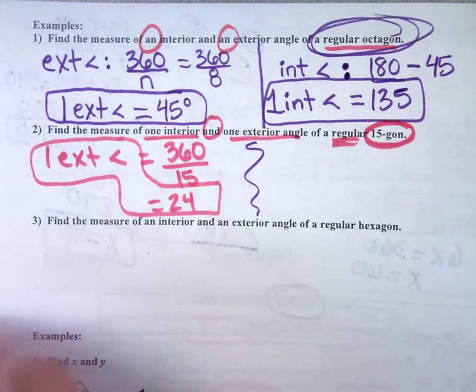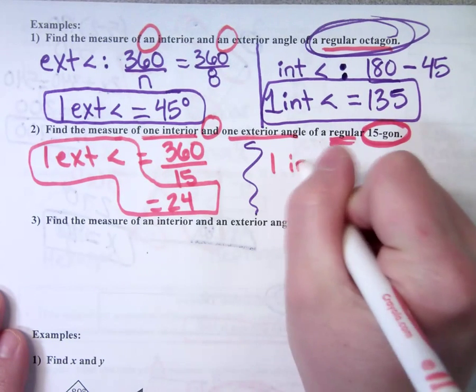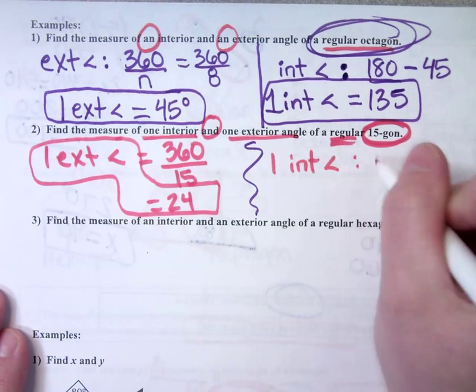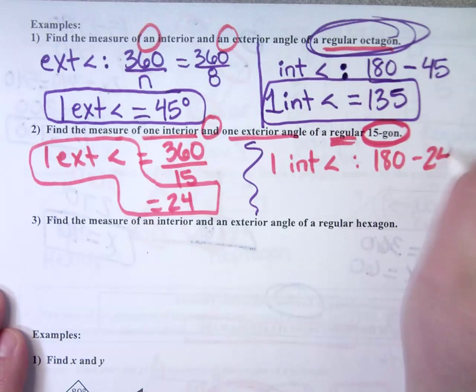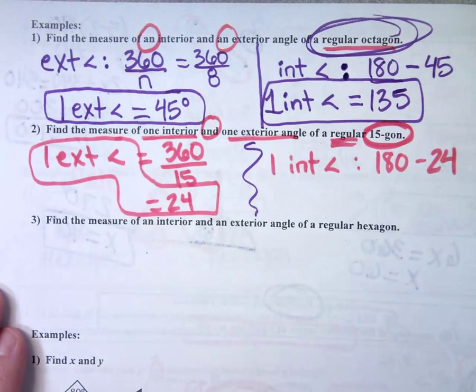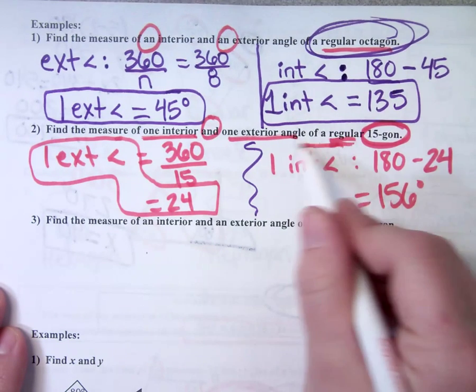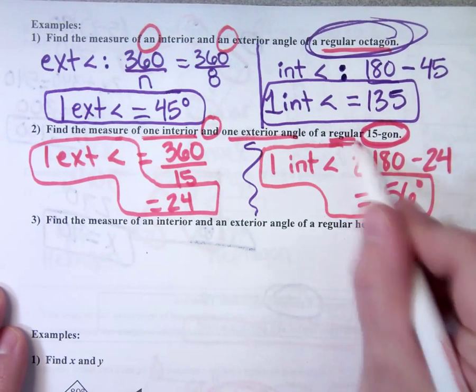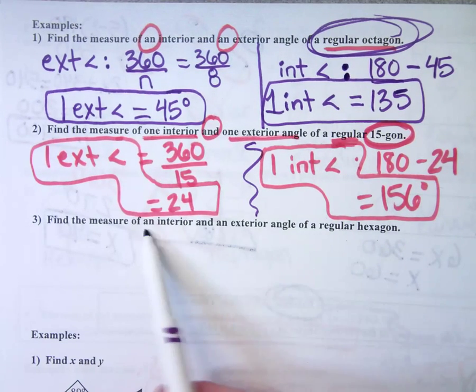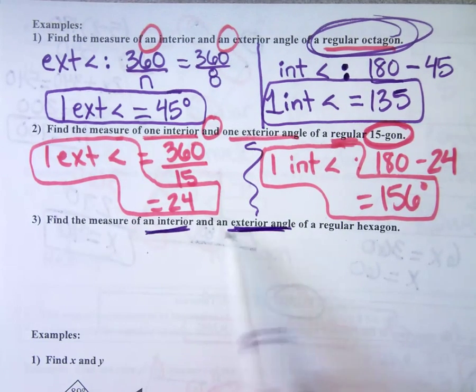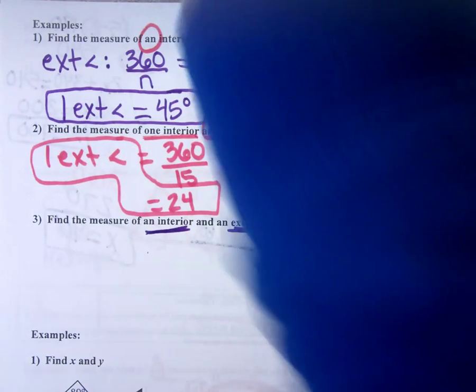And then what do you do to find the interior? You take 180 minus the answer you just got. So I'll take 180 minus my 24, and what does that give me? 156. Okay, you do number 3, and I will draw 2 sticks. One for the interior answer and one for the exterior answer.